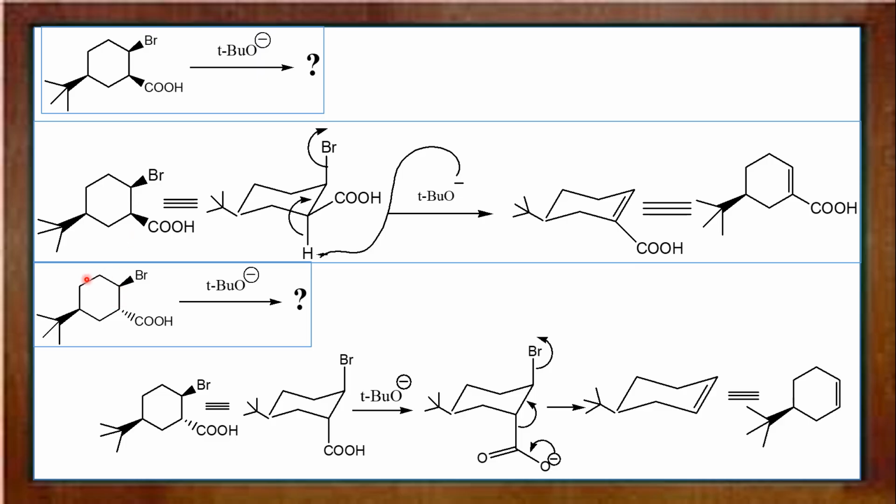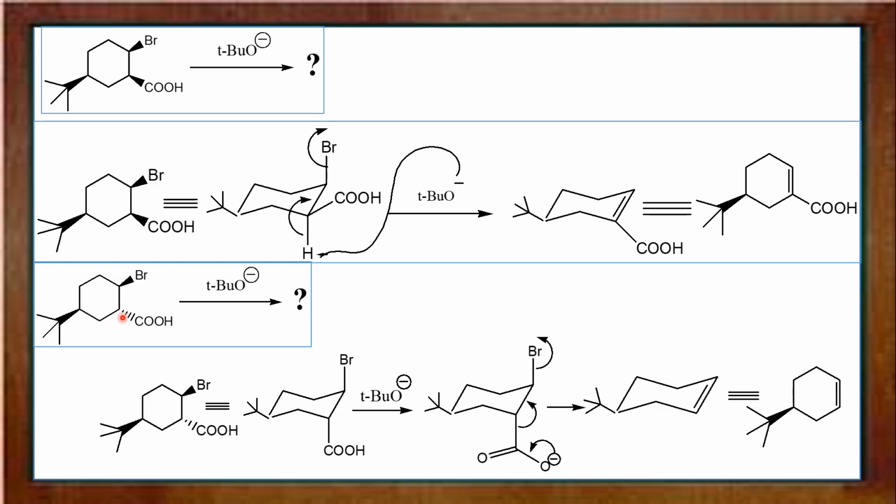So I have given another stereoisomer where two groups are oriented on the beta side. The other one is oriented on the alpha side, at the back side. First of all, we have to convert it into chair form. The tertiary butyl bulky group is oriented in the equatorial direction.